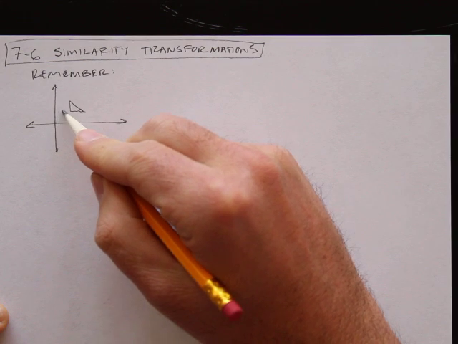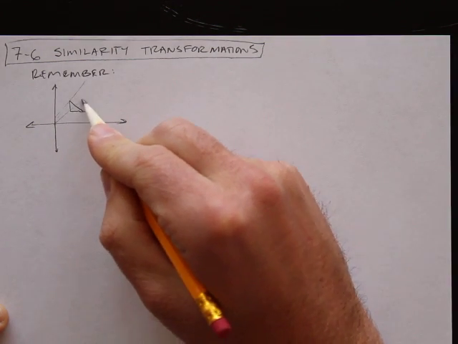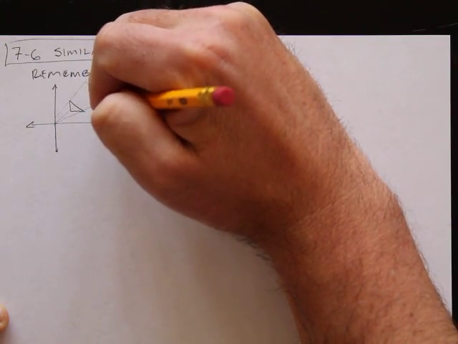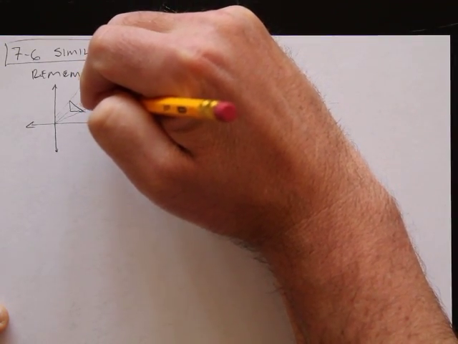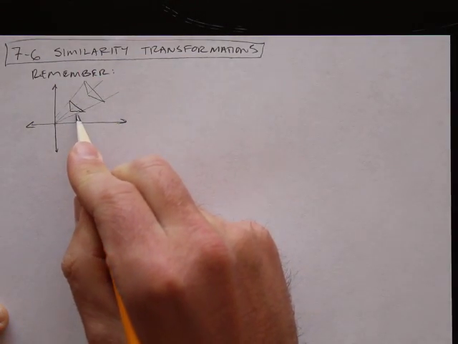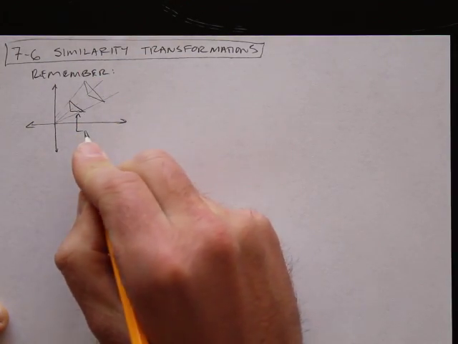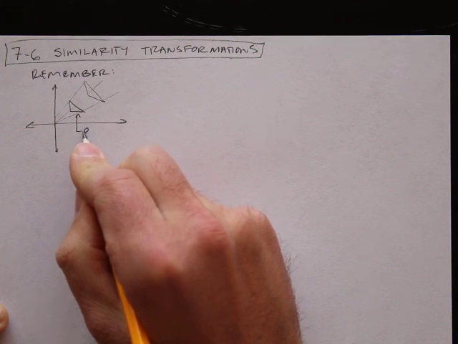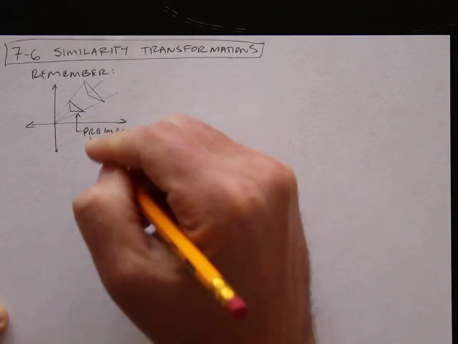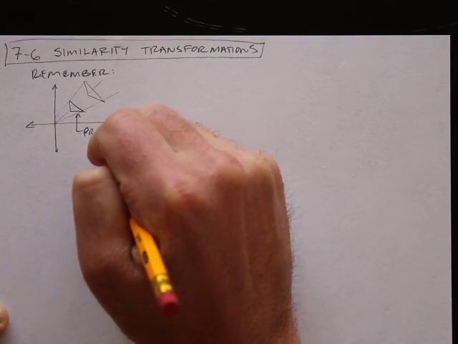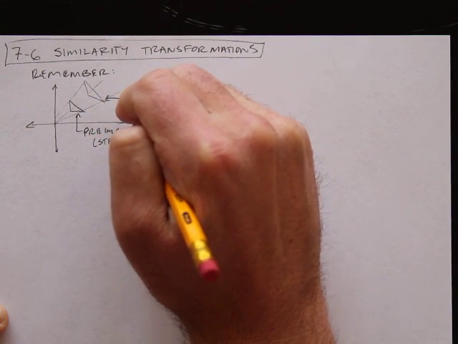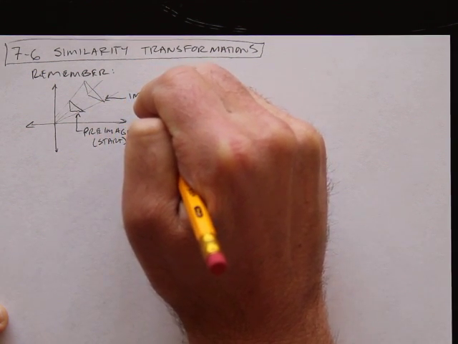And if I were to draw a line coming out like this, and then we have another triangle coming like this, we've made a transformation here. The first one is the pre-image. That's the one that we started with. And the second one is the image. That's where we finished.